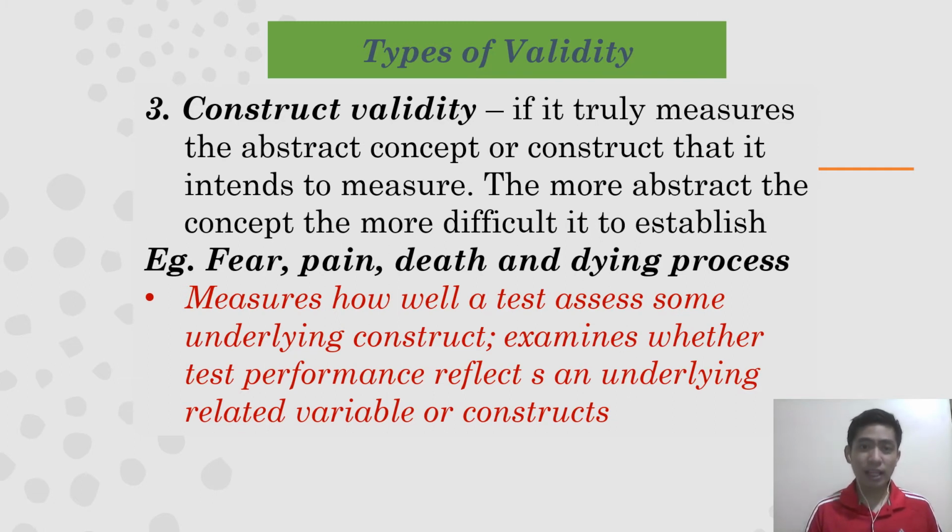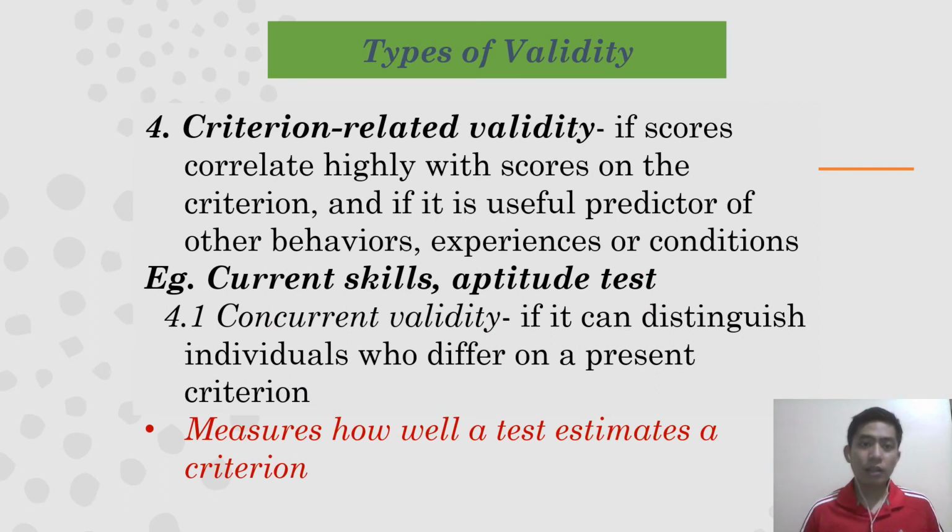It measures how well a test assesses some underlying construct, examining whether test performance reflects an underlying related variable or construct. Criterion-related validity is if scores correlate highly with scores of the criterion, and if it's a useful predictor of other behaviors, experiences, or conditions.